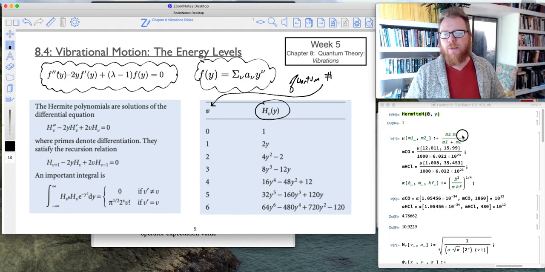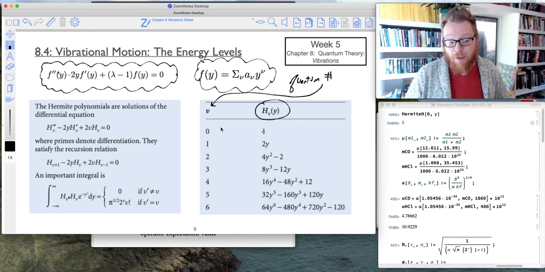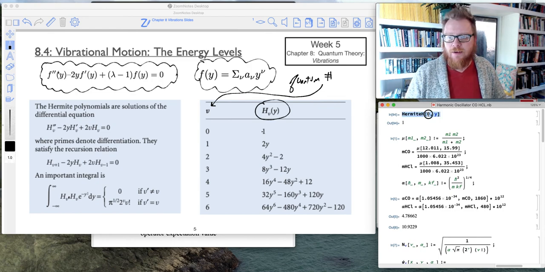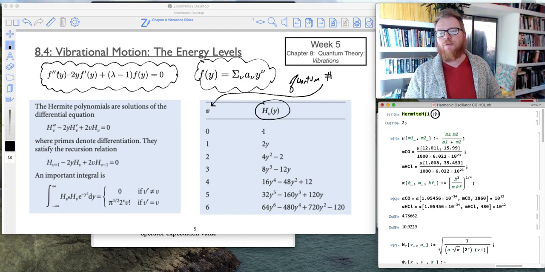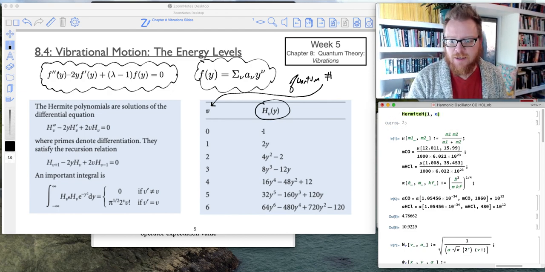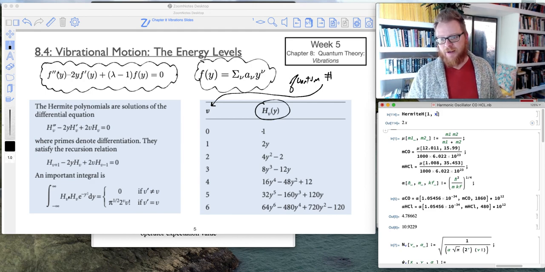And so just to show you, Mathematica has these things built in, which is really cool. So if I say 0 and y, look, it just gives me 1, and that's the Hermite polynomial for nu equal to 0. It's just 1. But check it out. If I make nu equal to 1, then look, I get 2y. If I wanted to keep this in terms of x, I could change that to x and it becomes 2x.